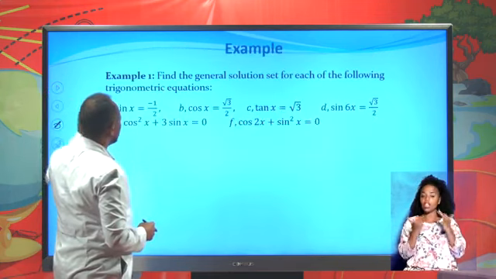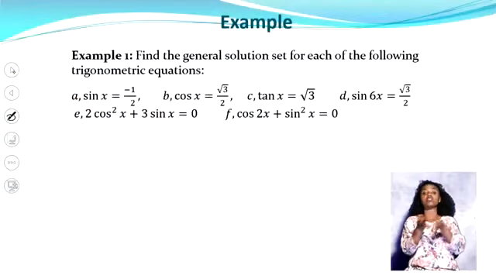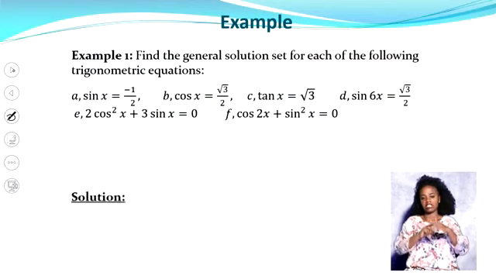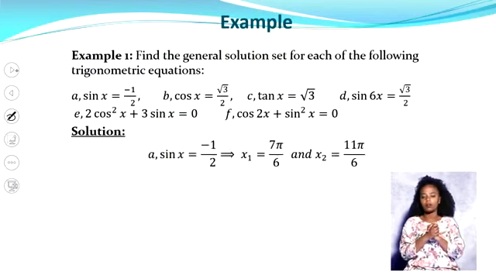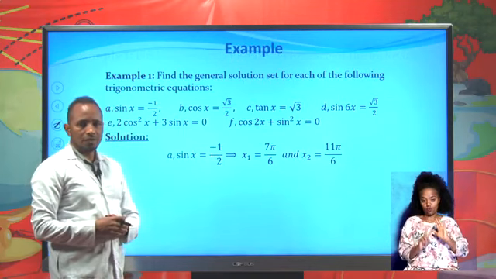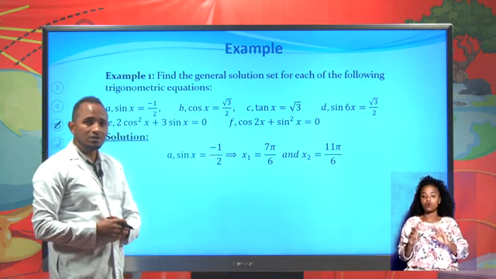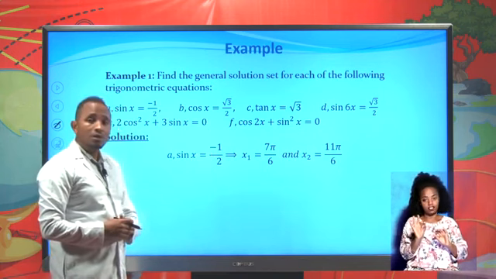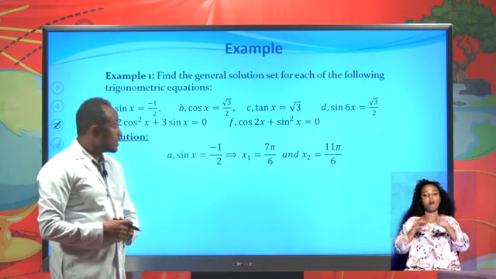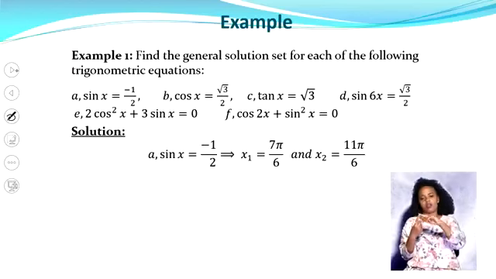Now here we are asked to determine for these expressions. First, let's start from a. Sine x is equal to negative 1 over 2. We need first to find two particular solutions on the interval 0 to 2 pi.